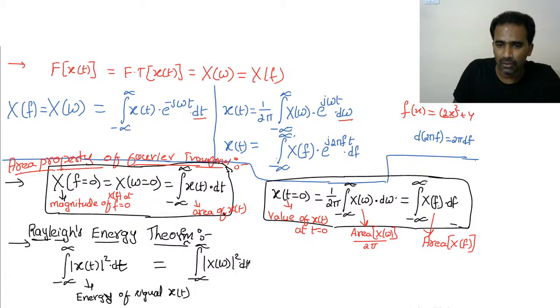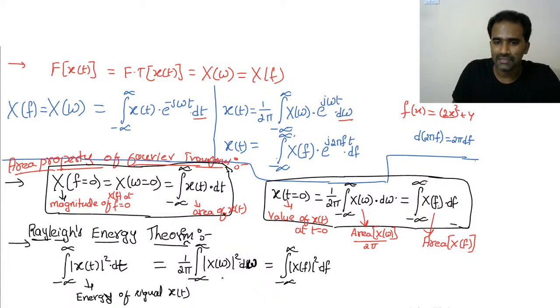Since omega is involved here, whenever integration is with respect to omega, there should be a factor of 1 by 2 pi. And the same formula in terms of f has no need of the 1 by 2 pi factor. You square x of f and integrate with respect to f, limits from minus infinity to plus infinity, without 1 by 2 pi.